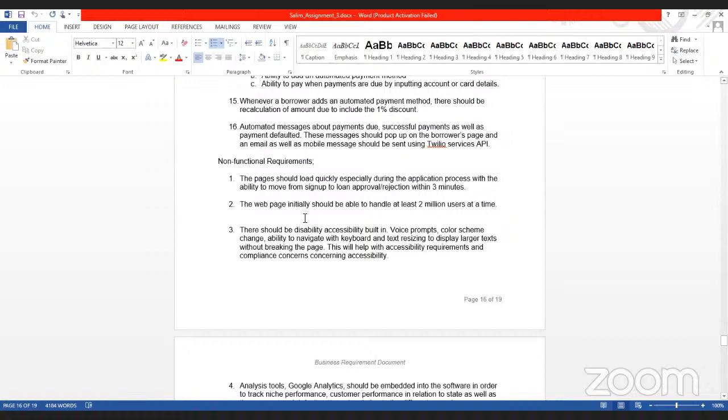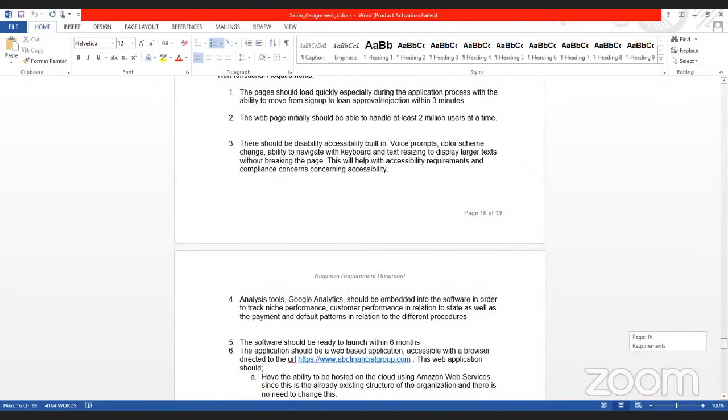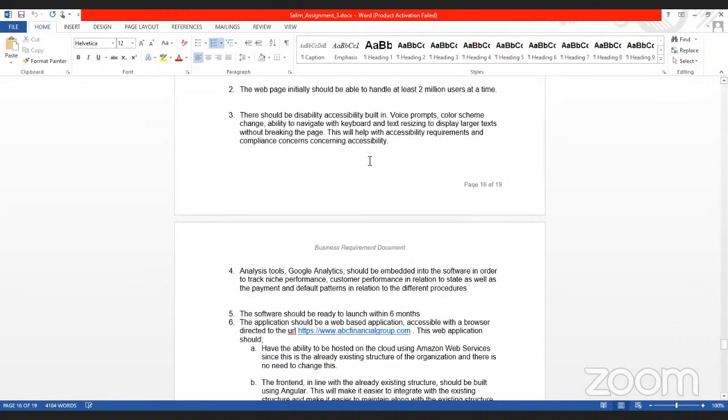Since we might be handling a lot of people, the borrowers, the providers, lenders, at least 2 million users should be able to be hosted on these sites without any issues. Maybe the number might be revised later, but for now that is what we're starting with.